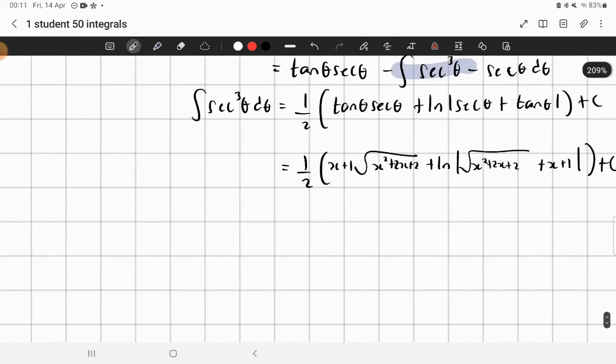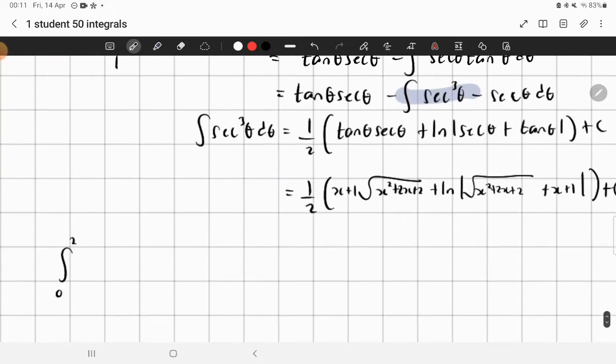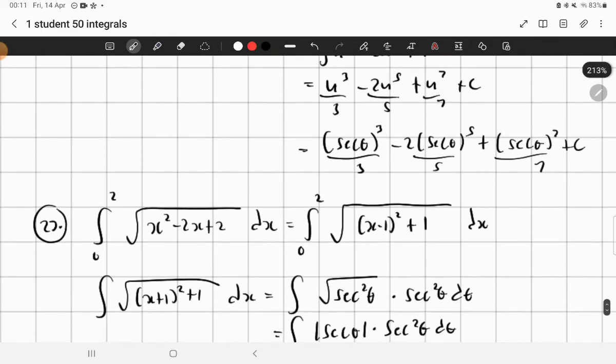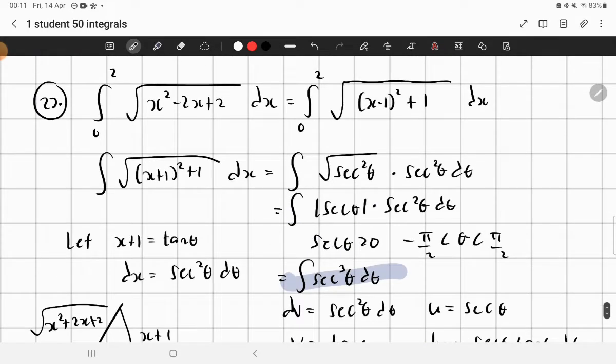So to evaluate the integral, we have the square root. Wait. Why do I feel like I did something wrong? Oh, this is minus. Oh gosh. Okay, minus. Sorry. So this should be minus.